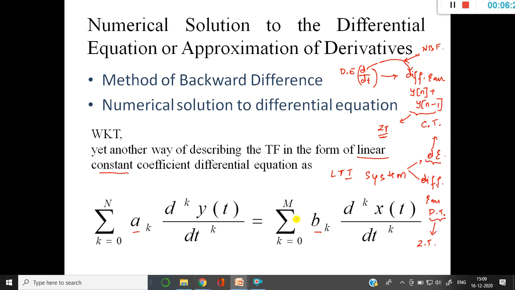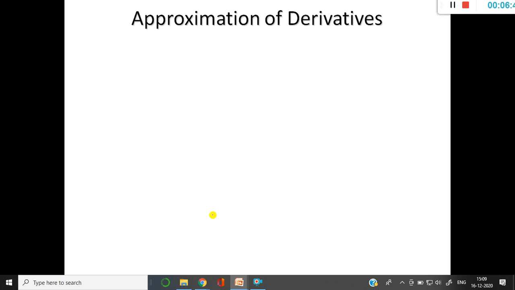Basically the forward difference method and backward difference method are used to represent any continuous time function in the form of discrete signals or discrete equations. That's where we represent it as a sample.